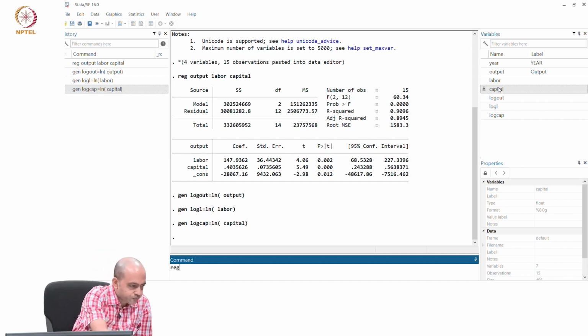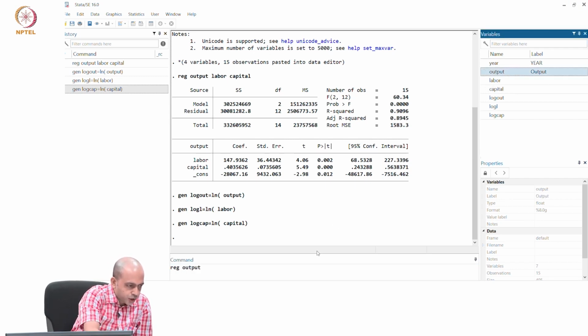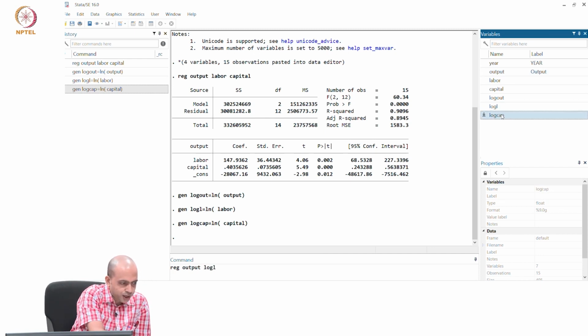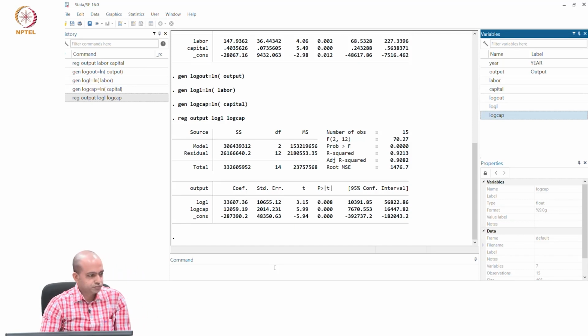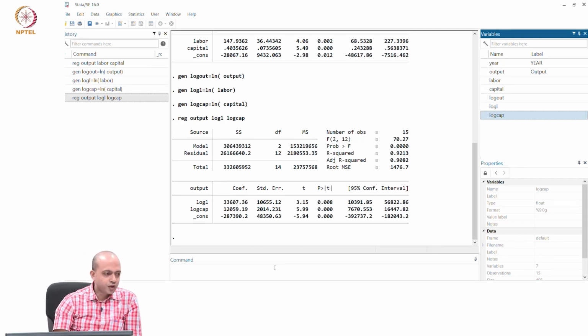So, reg output, and then I am putting log labor and log capital. So, this is called lin log model. Left hand side is linear, right hand side variables are log transform, and this is my model.